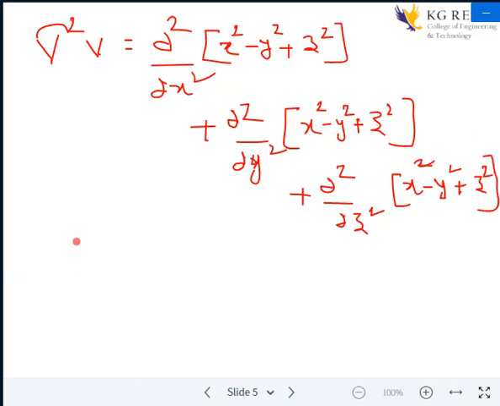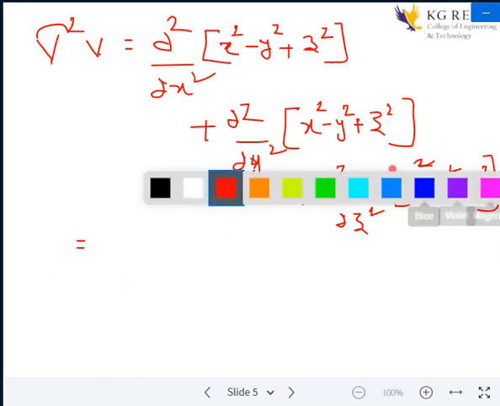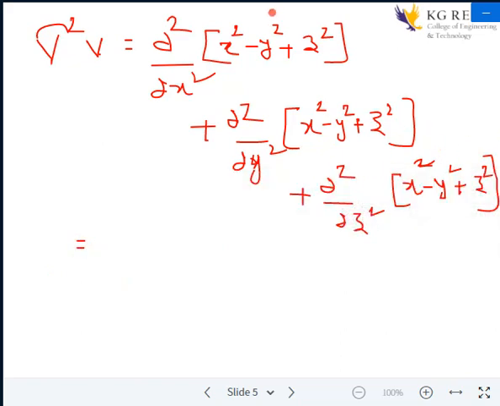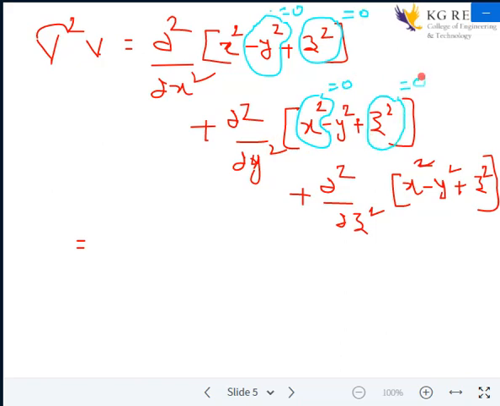One thing you need to remember when you are doing this partial derivative is that these terms will automatically become 0 because we are differentiating with respect to x here.